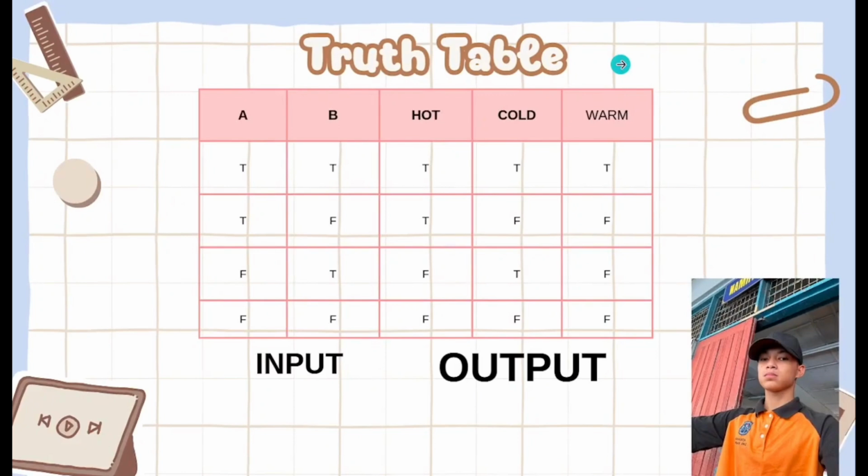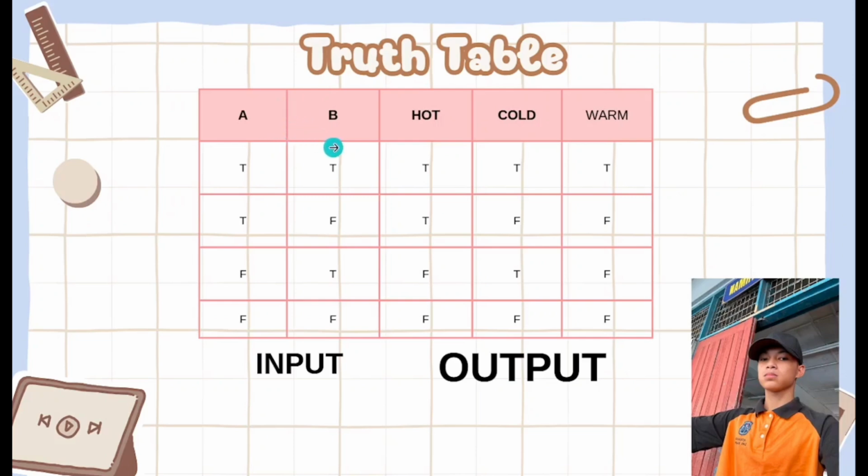So this is the example of the truth table. We use the input as A and B, kind of like A and B are the buttons. So A is hot and B is cold.